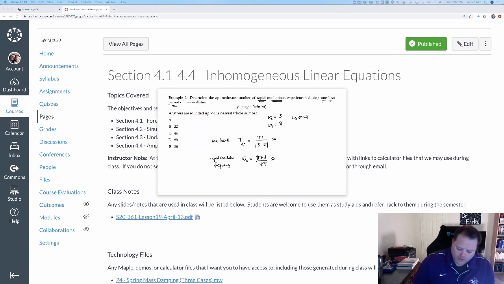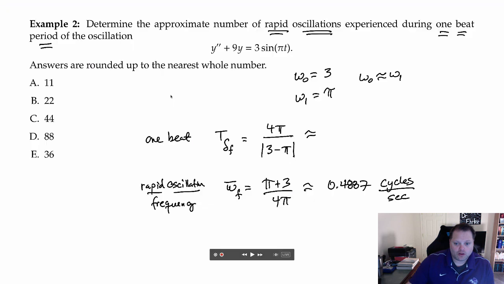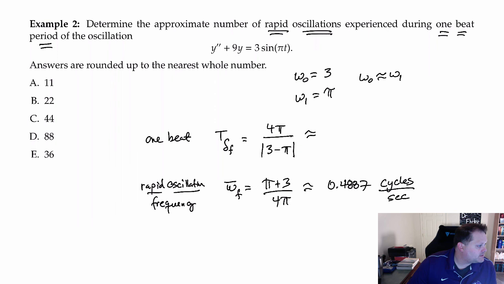All right, so the rapid oscillation frequency here will be 0.4887, and since it's rapid oscillations, this is Hertz frequency, so this is cycles or oscillations per unit time. I'll just assume seconds here. And then I'm also going to do it for the beat period.